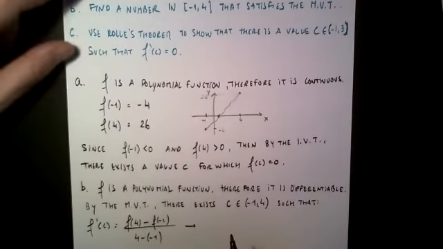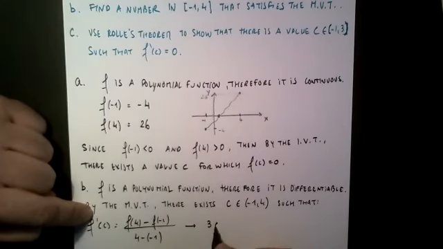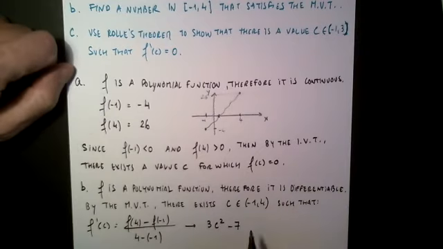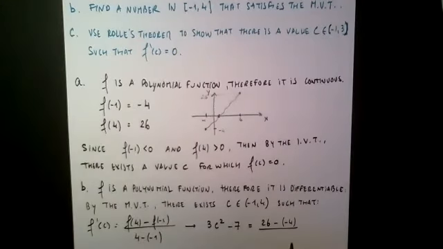I'm going to need the derivative of f, which is 3x squared minus 7, so 3c squared minus 7, equal to f of 4, which is 26, minus f of -1, which is -4, over 4 minus -1, so 5. And so that is equal to 6.